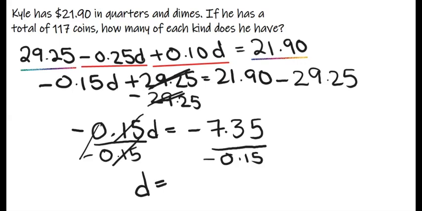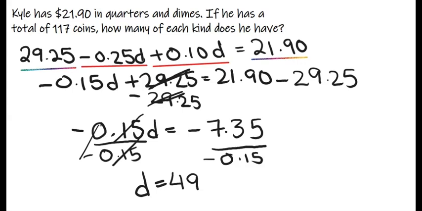And that is equal to negative 7.35 divided by negative 0.15, which is equal to positive 49. Since D is equal to dimes, there are 49 dimes.